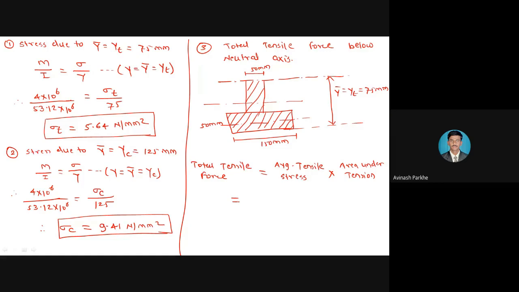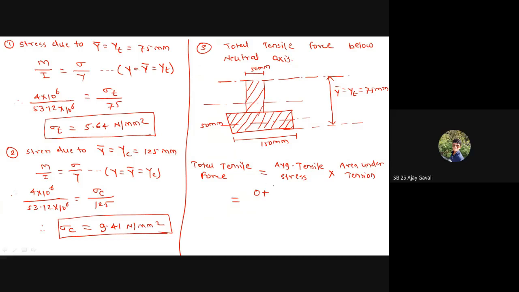Therefore, to calculate the average tensile stress, tell me what is the tensile stress value at the neutral axis? It is 0. Plus, what is the tensile stress value at the bottom side?